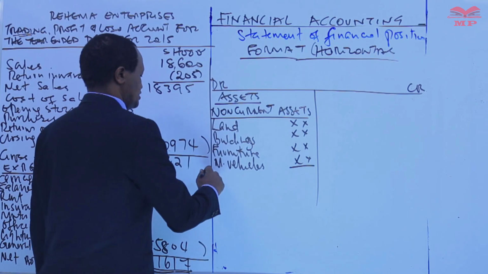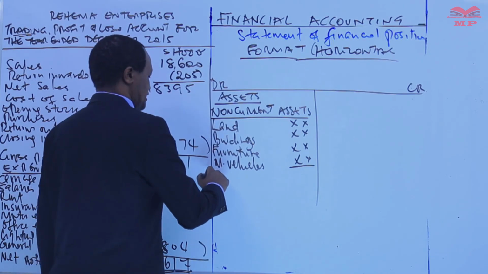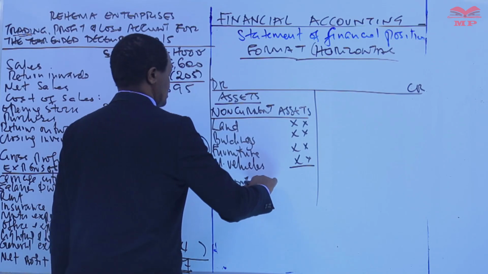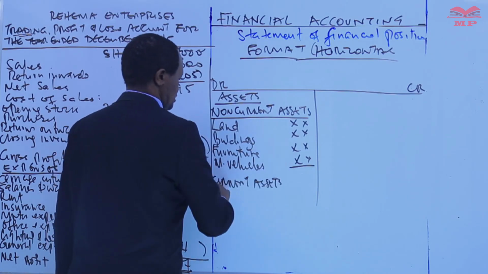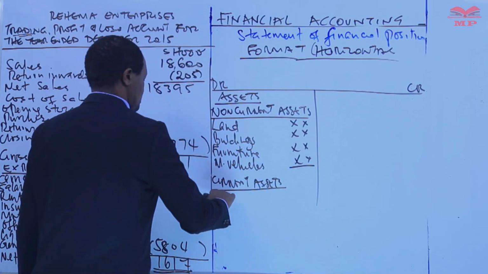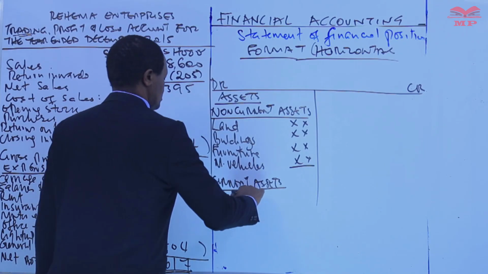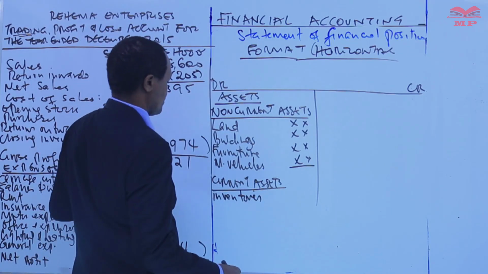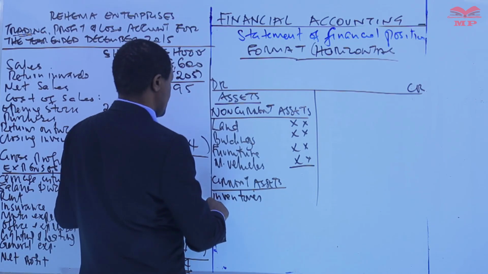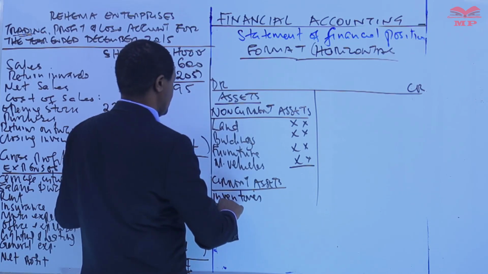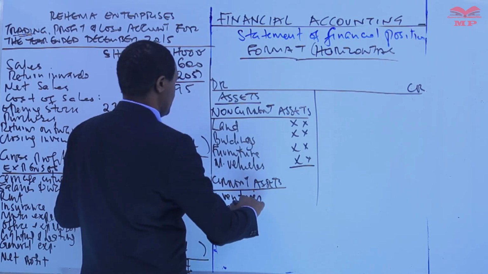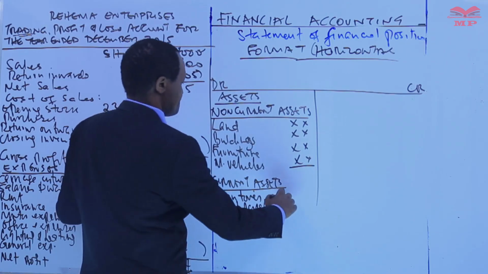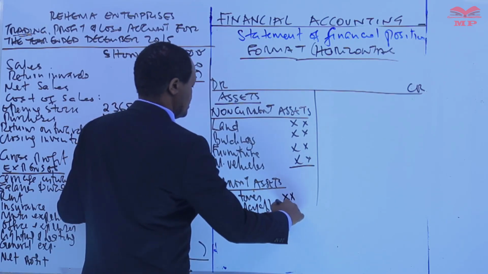Then there are the current assets. Current assets comprise inventories. We have the accounts receivable or debtors, like that.